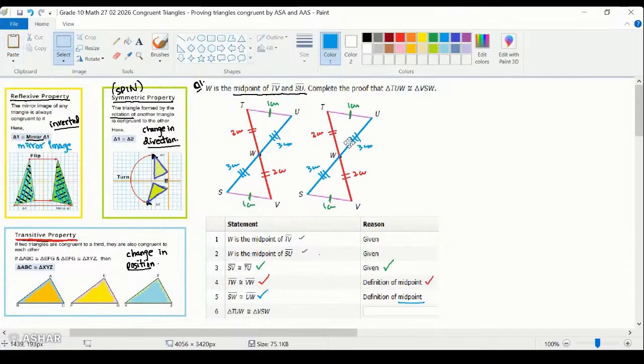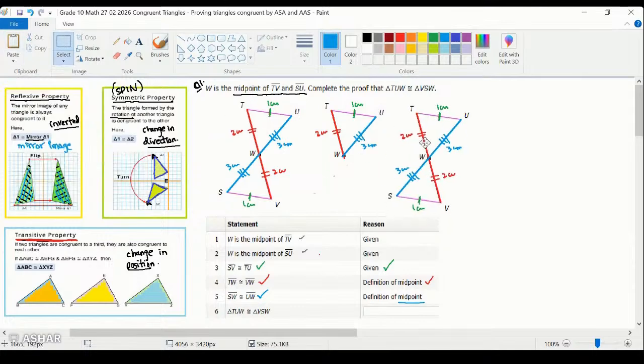If we say this was the diagram given to us, and we remove the lower part of the diagram so we have only triangle TUW, and now if we remove the upper triangle, can we say that these two triangles given to us in this question are exactly the same?